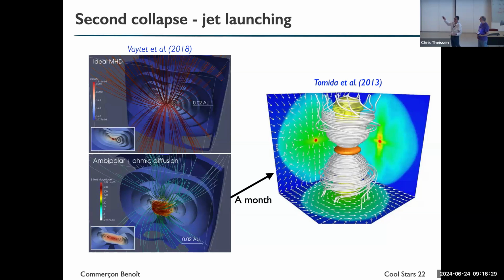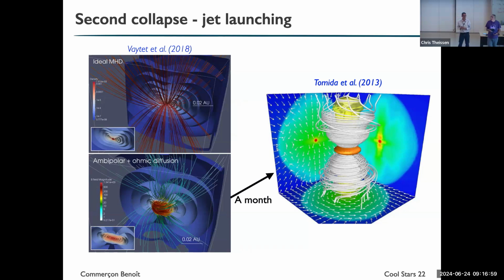For the AU scale, a lot of people use sink particles, and indeed, it's a big problem to know what are the sink particle parameters. There are a few papers I can advise you, by Machida as well, where they look at the effect of the sink particle on the properties of the disk. And indeed, it can change a bit, but not that much on the size of the disk. It changes a lot the mass of the disks.